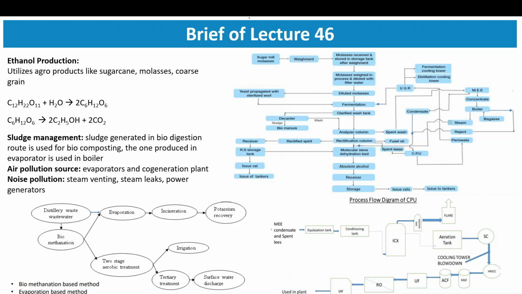If we look into the process flow diagram, majorly in the Indian scenario, ethanol production is performed by using molasses. This molasses is obtained as a byproduct from the sugar industry, and it still has around 40 to 45% sugar content left in it.